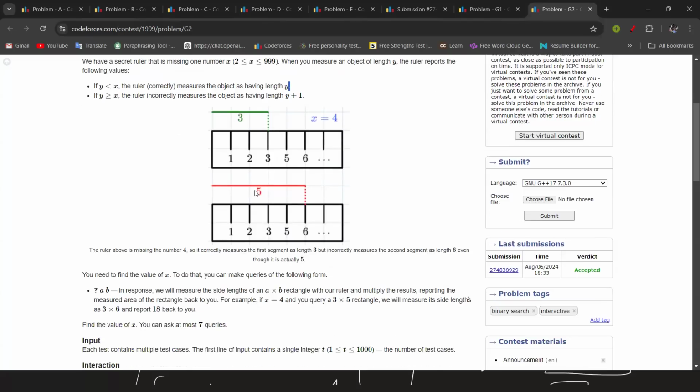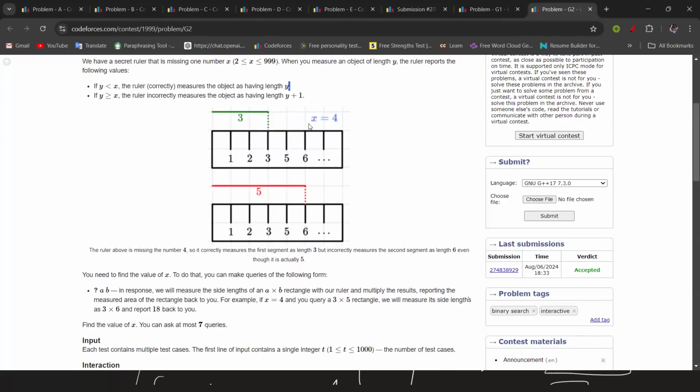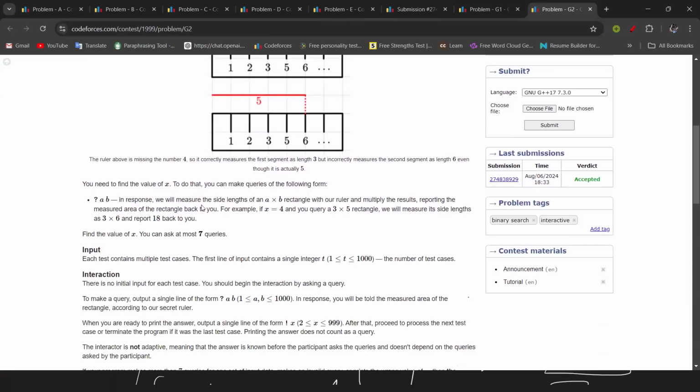Now, in the question, for every test case there is some hidden x. We don't know what the value of x is. We need to find the value of x using some queries. In one query, we can output a question mark and then some values a and b.